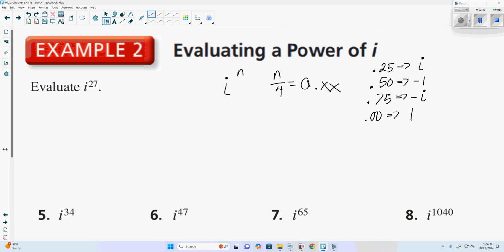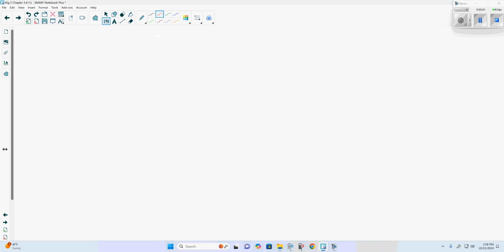So like the first one here, we did this one already. We could take 27 and divide it by 4. I got a square root of 13 i. I didn't know if you put the square root of 13 behind i or not. We want to put the i in front of the radical, not behind it. It's not so much that it's wrong to write it as the square root of 13i.